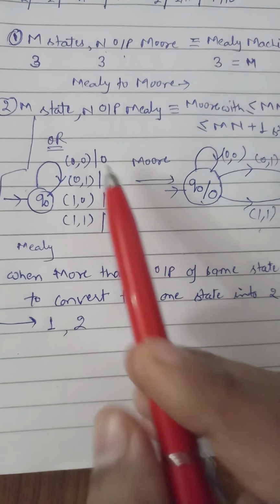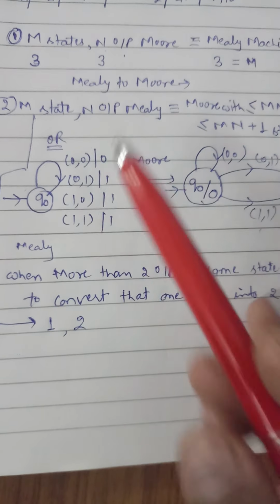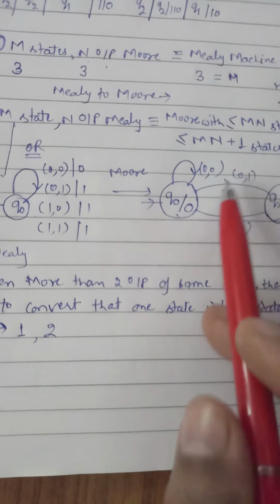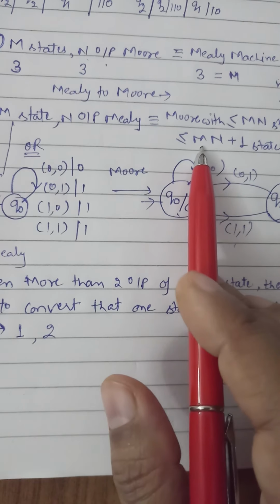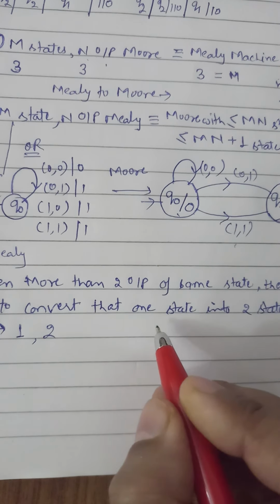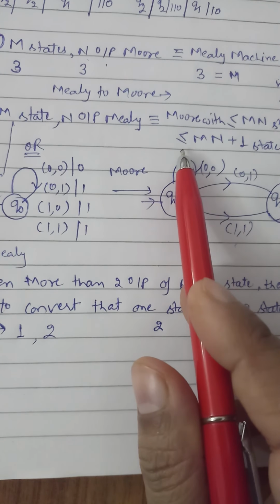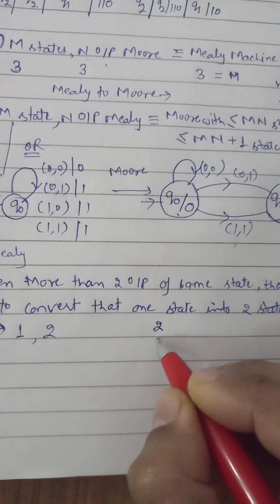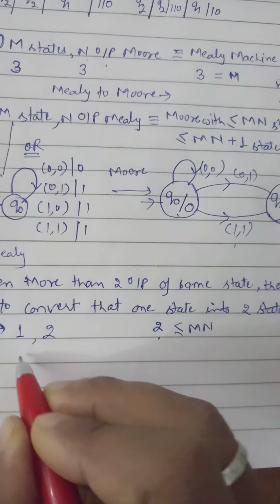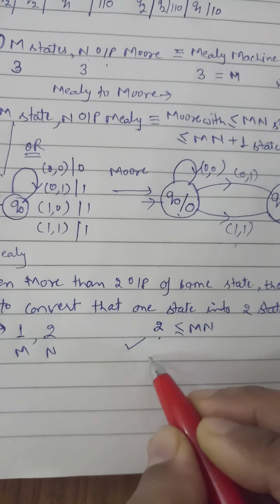Two kinds of output, 0 or 1. Number of states 1 and outputs 2 in the Mealy machine. So how many states can be less than or equal to mn? If we multiply both, we get 2, which is less than or equal to mn, because m is 1 and n is 2 here. So this satisfies the condition.